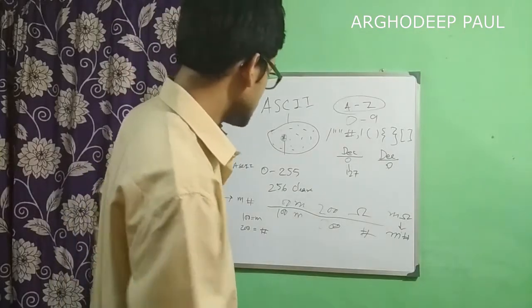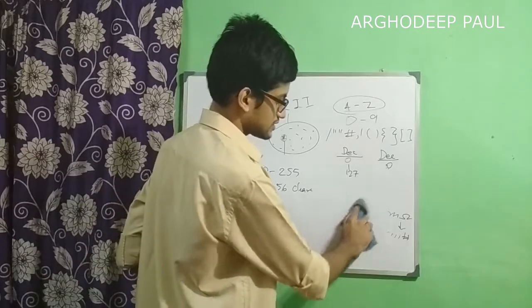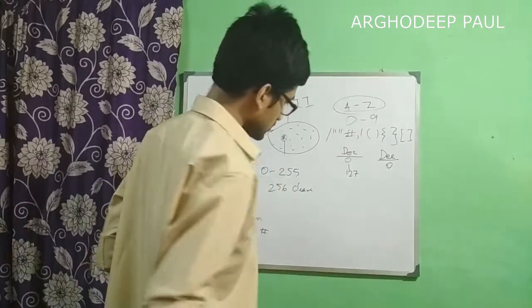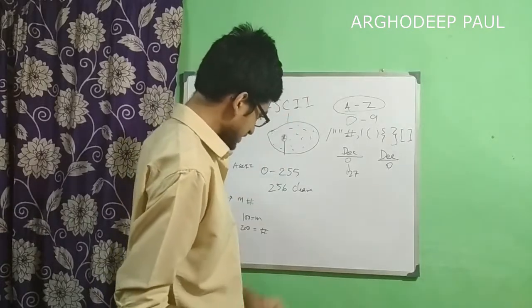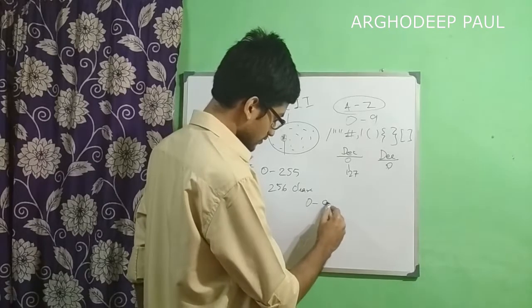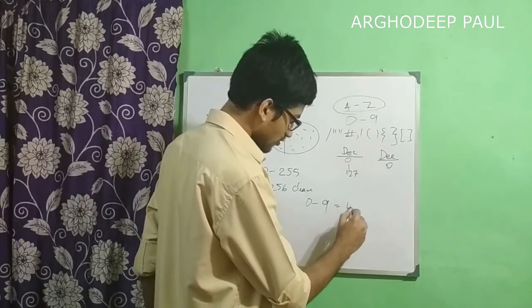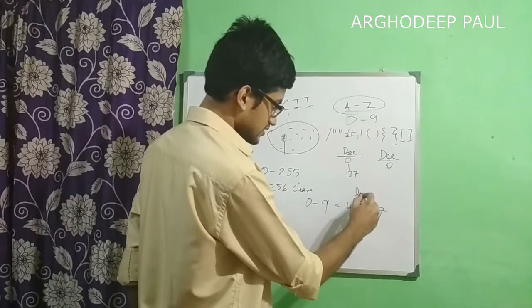So let us now check basic ASCII values, or corresponding decimal values for those ASCII character set characters. First, for 0 to 9 we have 48 to 57 as the decimal range.